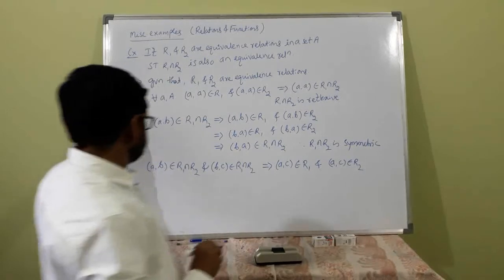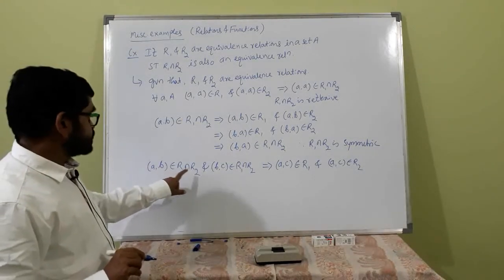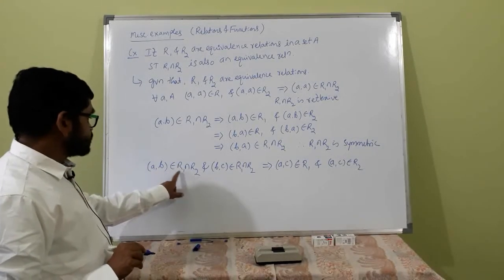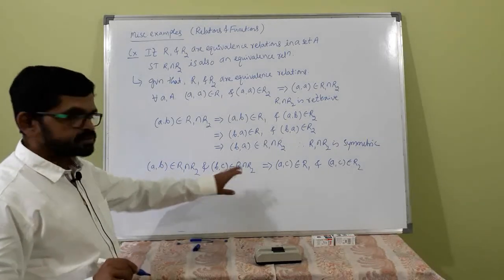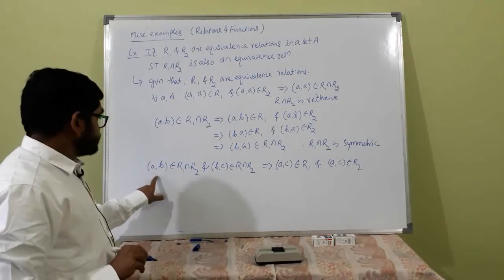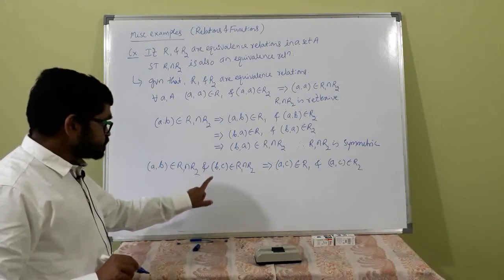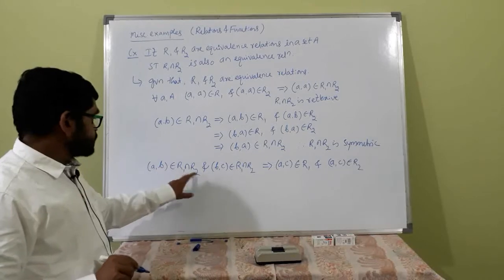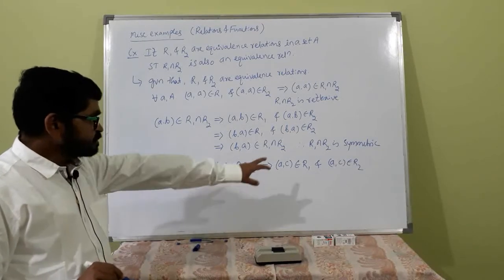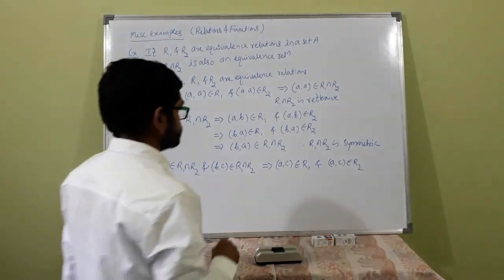Do you agree? (a, b) belongs to R1 intersection R2 means (a, b) belongs to R1. (b, c) belongs to R1 intersection R2 means (b, c) belongs to R1. (a, b) and (b, c) belong to R1 implies (a, c) belongs to R1. Similarly, (a, b) and (b, c) belong to R2 implies (a, c) belongs to R2.